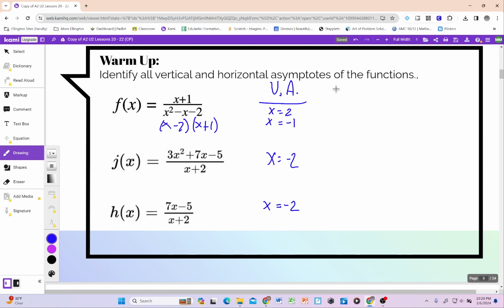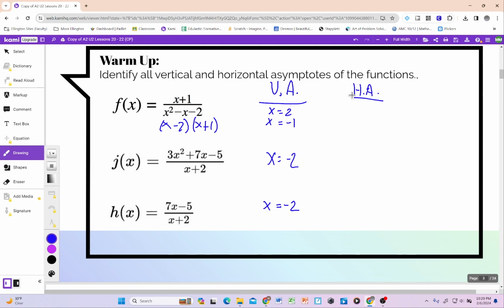Now, what about horizontal asymptotes? The lovely part is that there can only be one for a particular function. If it had more than one, we would fail the vertical line test. So for horizontal asymptotes, you don't directly look at the numerator, you look at both of them together.